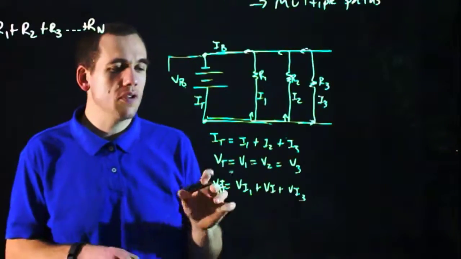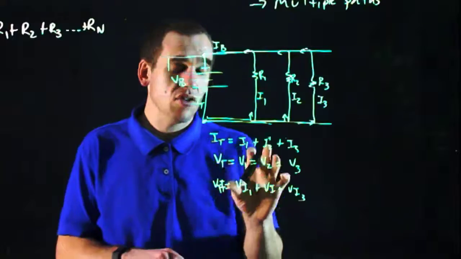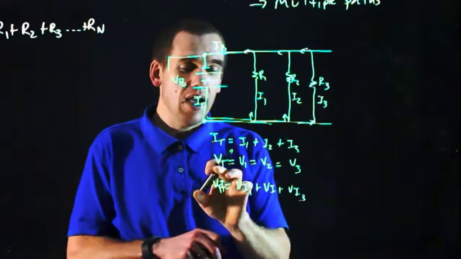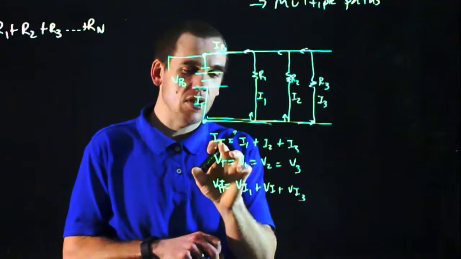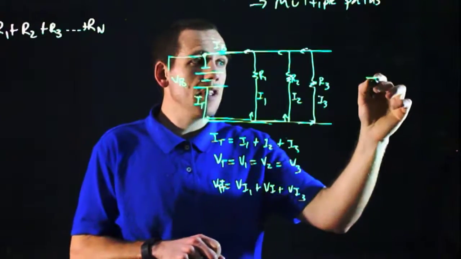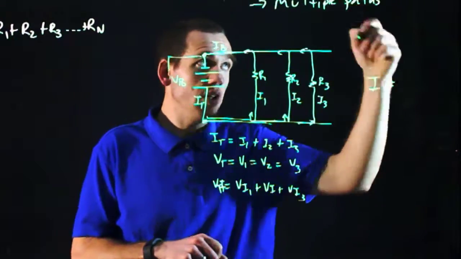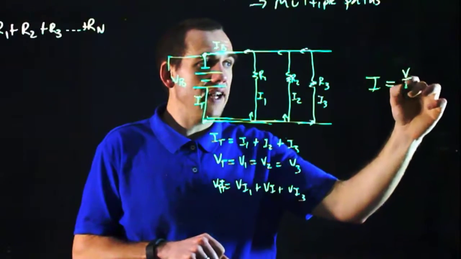And now we're going to use Ohm's law to actually get this in terms of resistances a little bit. And so I'm going to use this equation, but I'm going to solve for I. So I equals, according to Ohm's law, voltage divided by resistance.